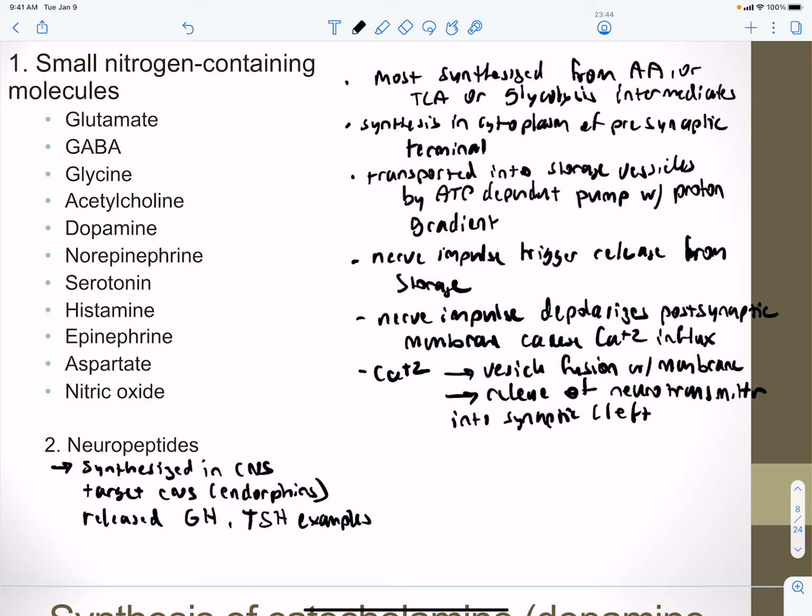And then the neurotransmitter, of course, is going to bind to the receptor on the postsynaptic membrane, completing the transmission. The termination of the neurotransmitter is going to occur through reuptake into the presynaptic terminal or uptake into glial cells.